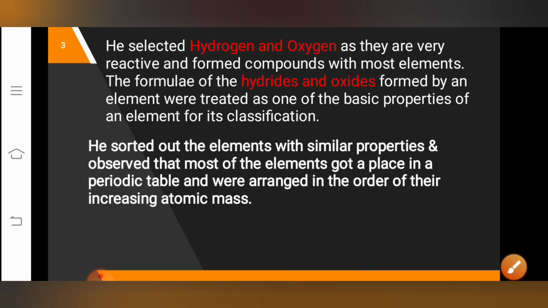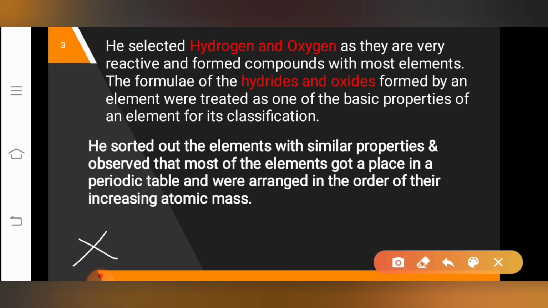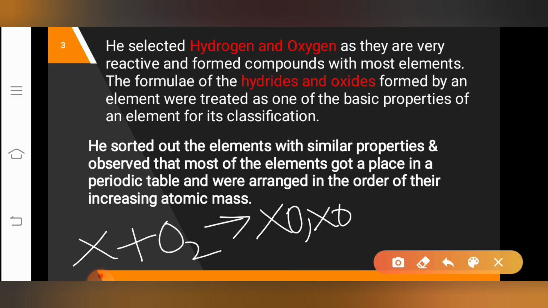Let us suppose now an element X is reacting with oxygen. It can form a compound like XO, XO2, X2O3 and so on. So this is how he reacted the elements with hydrogen and oxygen. Hydrogen and oxygen were easily reacting with these elements and forming compounds with those elements.